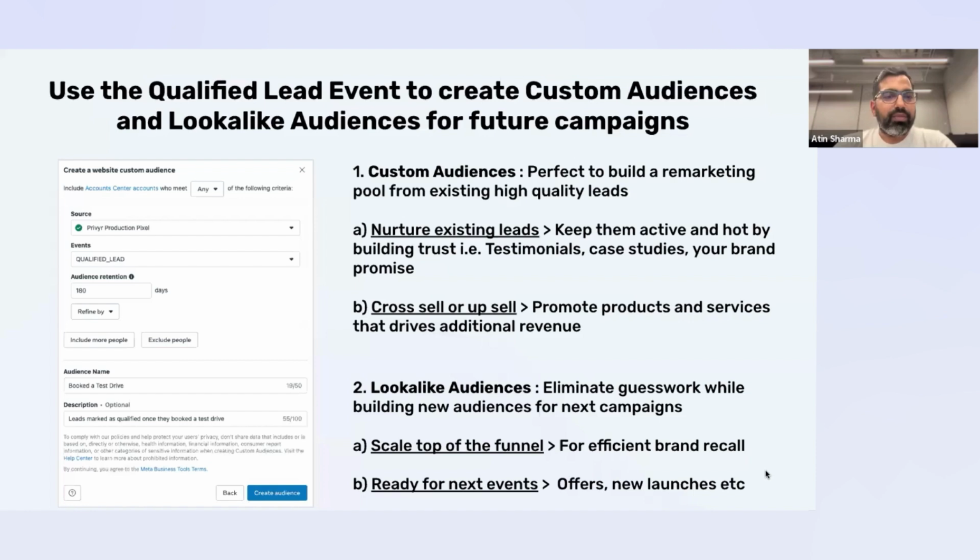That could be to scale top of the funnel campaigns, or create efficient brand recall, and do a lot more with the audience, instead of going old school and making a list and then guessing that, okay, this interest or this behavior will be better for my audience, and then populating that audience, which takes a lot of time and involves guesswork from our side. That is now eliminated.